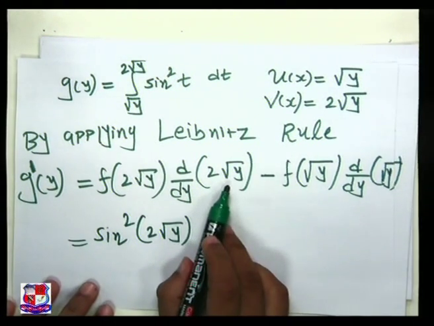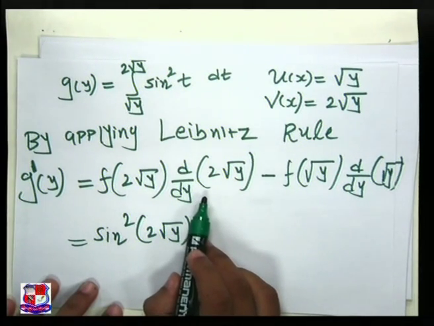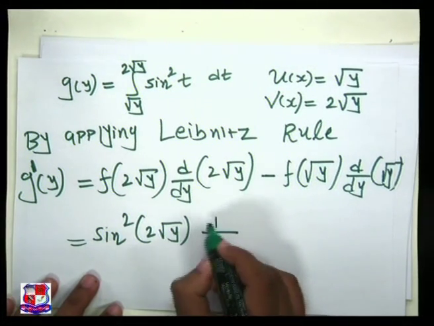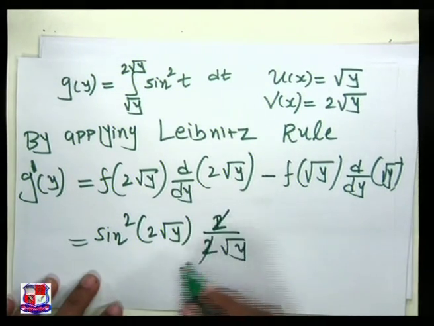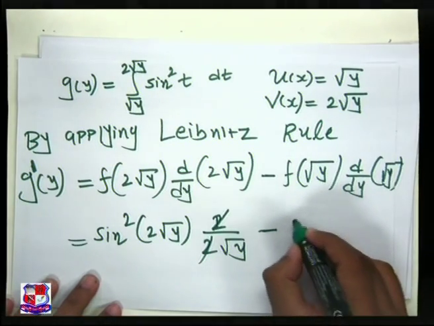The derivative of root y with respect to y is 1 upon 2 root y. So this becomes 2 upon 2 root y, this 2 will cancel out, minus f of root y, that is sin square root y, into the derivative of root y with respect to y, that is 1 upon 2 root y.